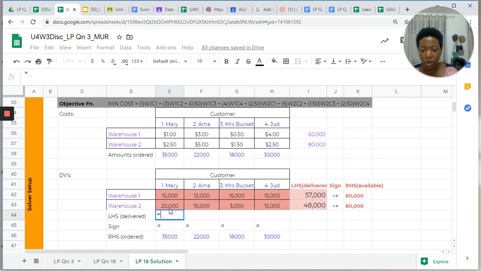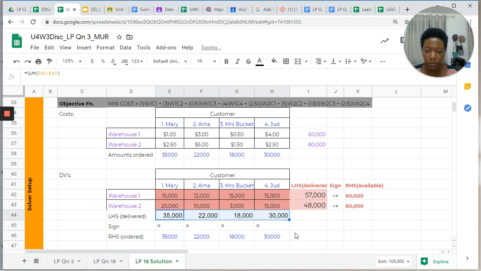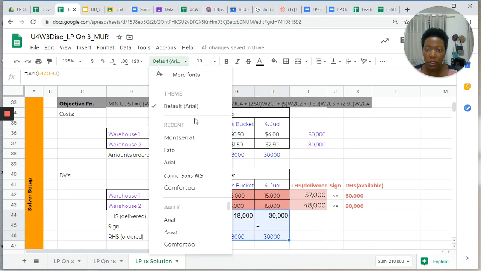So here the sum of what's coming out of warehouse 1 and 2 must equal 35,000. And the same is true for all 4 customers. Okay, this has worked out because that's how I guessed my numbers. I'm just also going to add formatting.